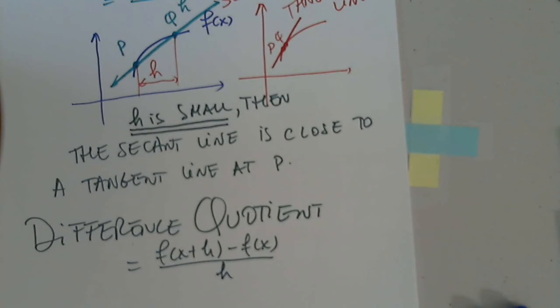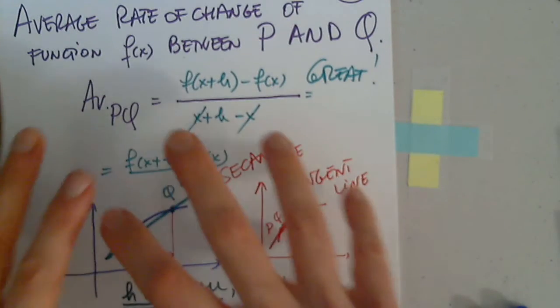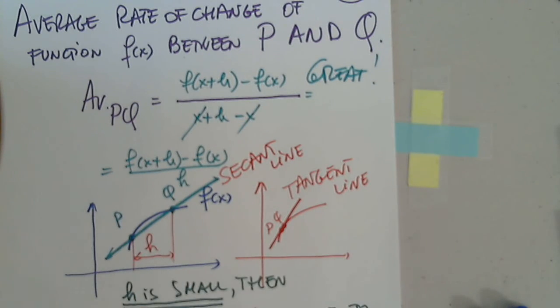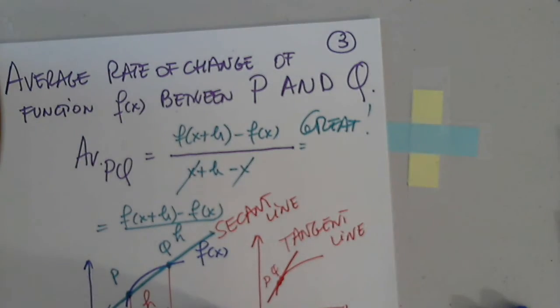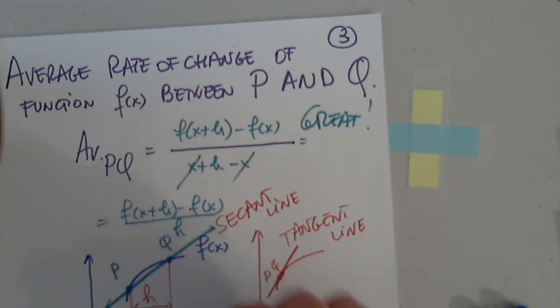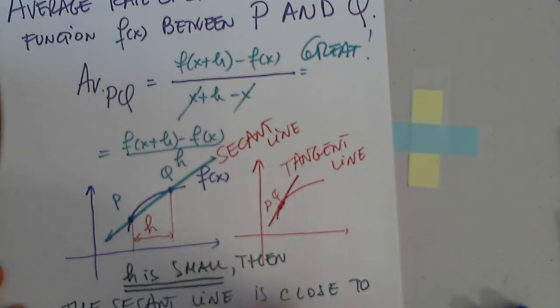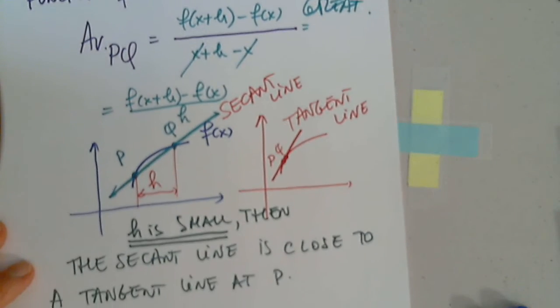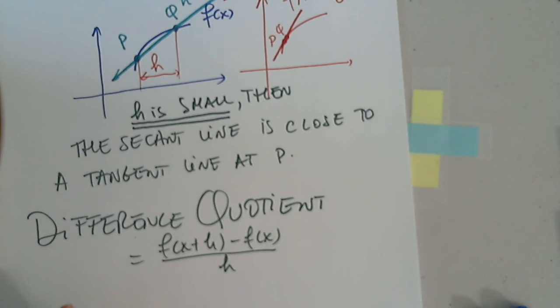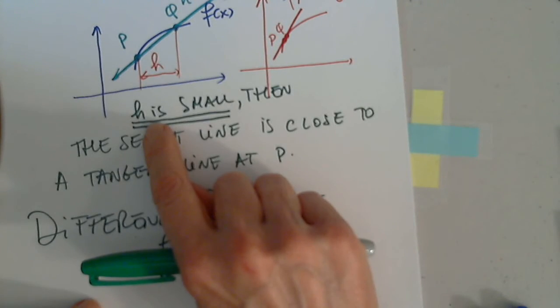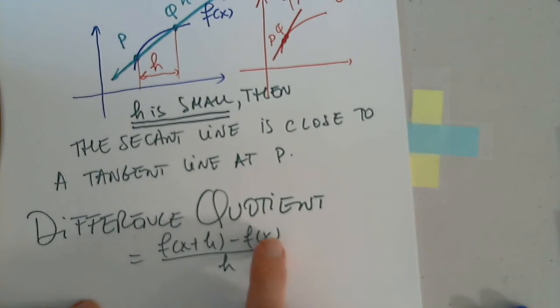So if we look at it from zooming in, we say it's the average rate of change of the function between those 2 points, rise over run: how much it goes up versus how much is the run. But now when we realize that h is very, very small, we say, oh, this average rate of change is actually the difference quotient.